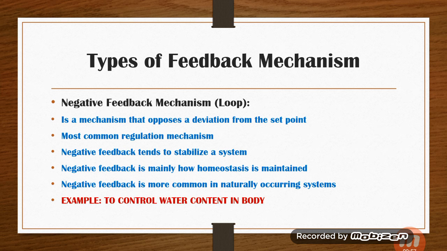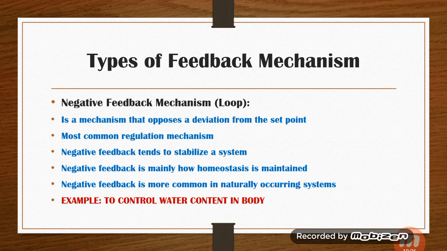Negative feedback is mainly how homeostasis is maintained. So the corrective mechanism would keep the body in a homeostatic condition. Negative feedback is more common in naturally occurring systems than positive feedback mechanisms.